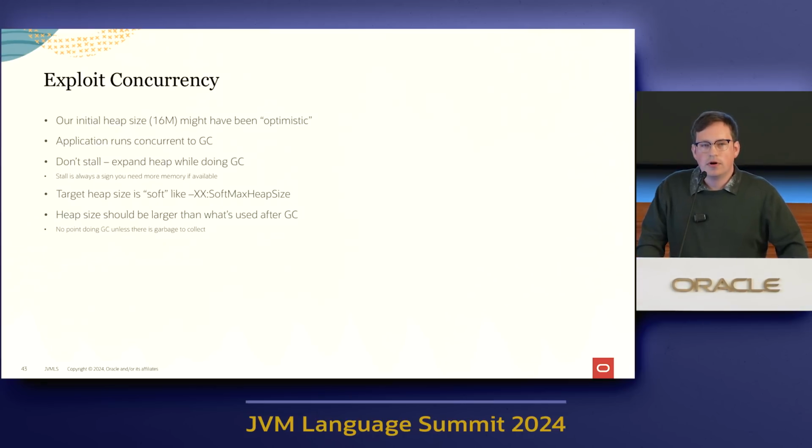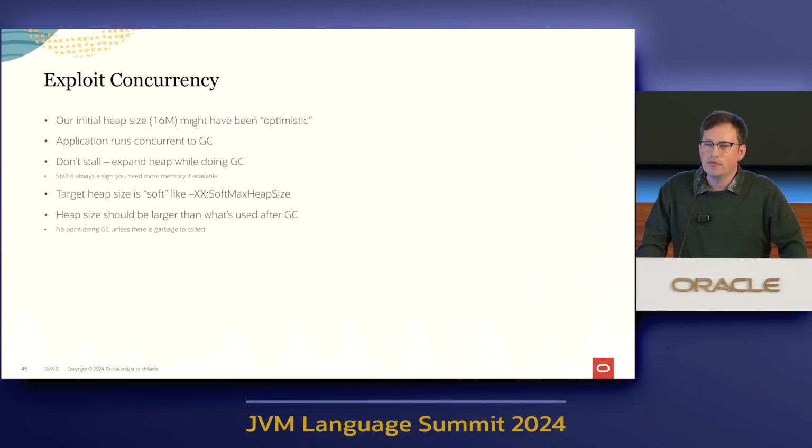Since ZGC is concurrent, we can also utilize the very fact that it's concurrent to make things a bit smoother in the beginning, because we're starting off with a very optimistic heap size of 16 megabytes. So we will very likely find that we need way more memory than that, like orders of magnitude more. And so when we start a GC, we're never going to stop because of GC. It continues running.